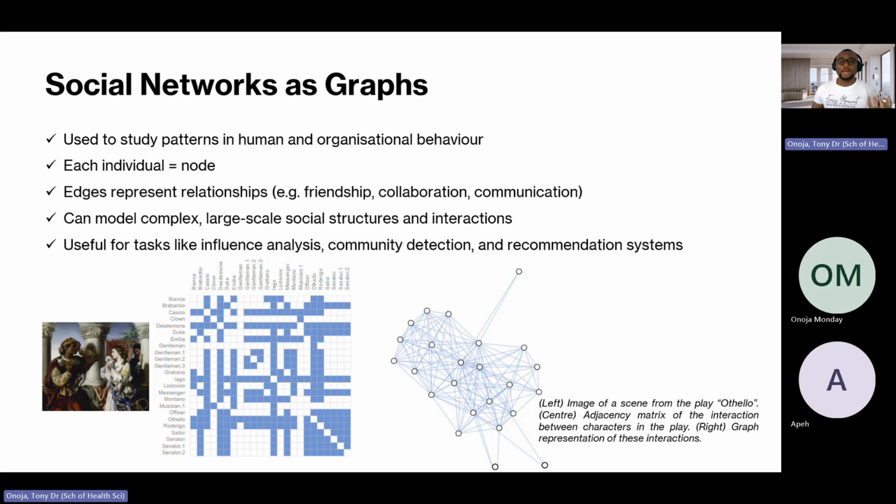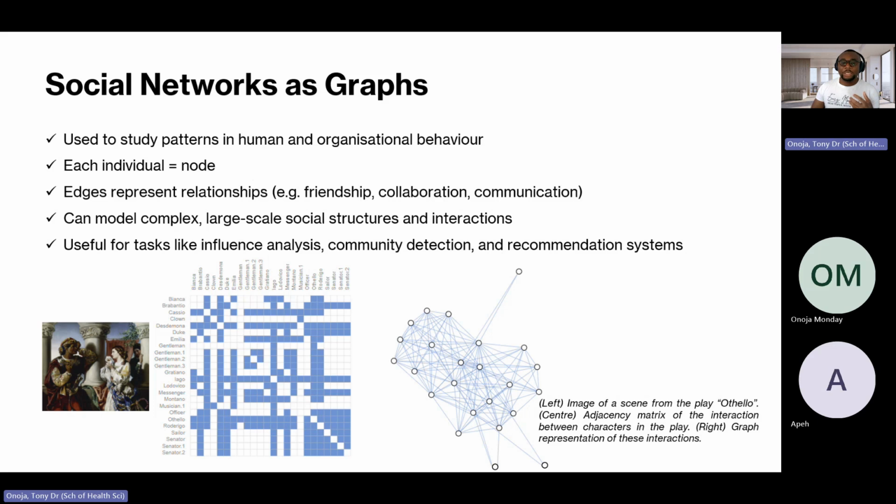So this kind of social network can model complex, large-scale social structures and interaction. It's very, very useful when we are looking at influence analysis, community detection, and recommendation systems. This is very, very useful for us to be able to carry out such an approach.